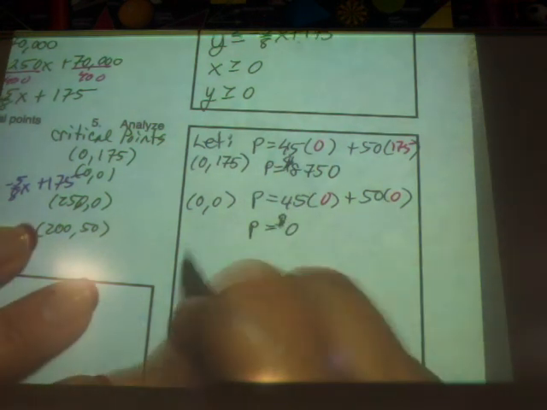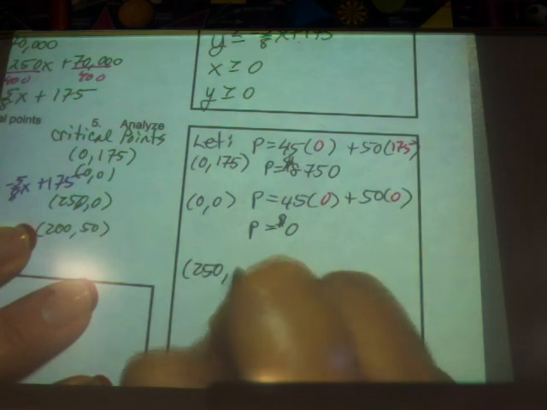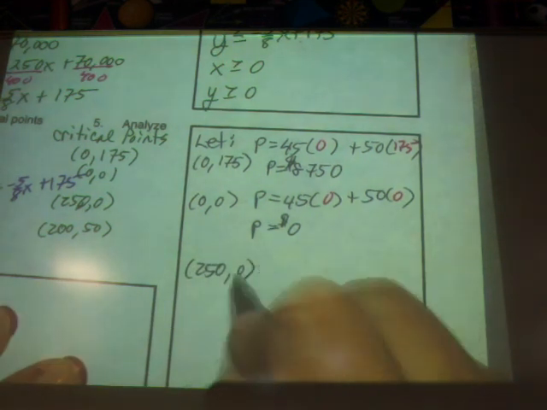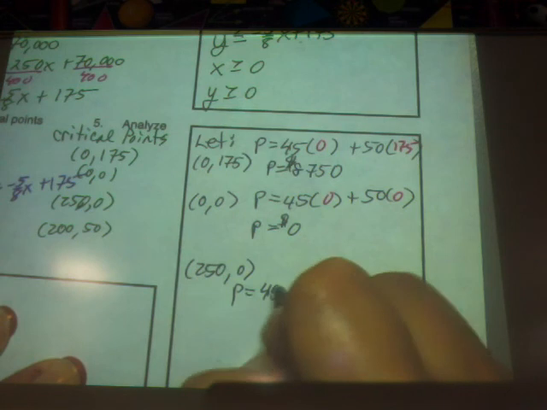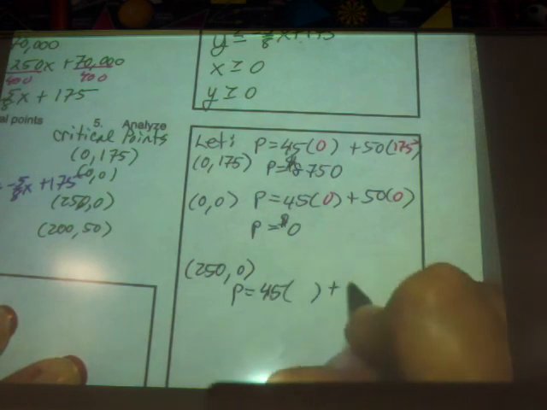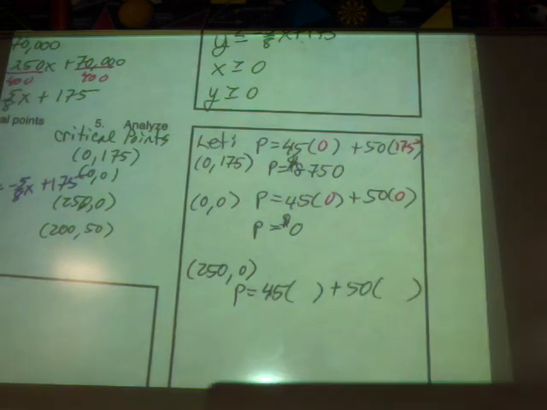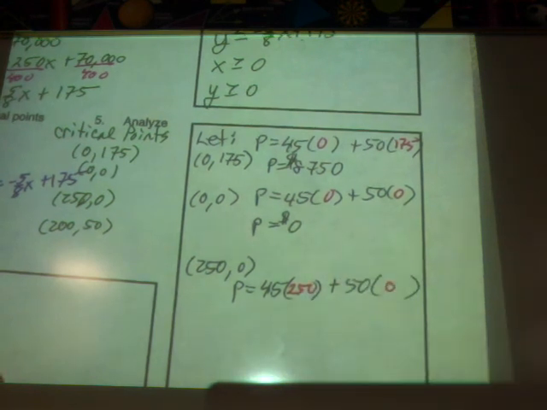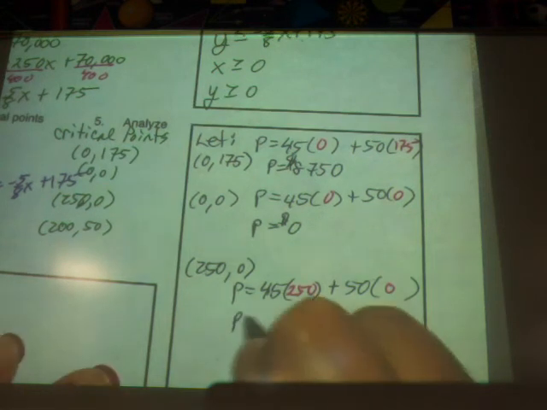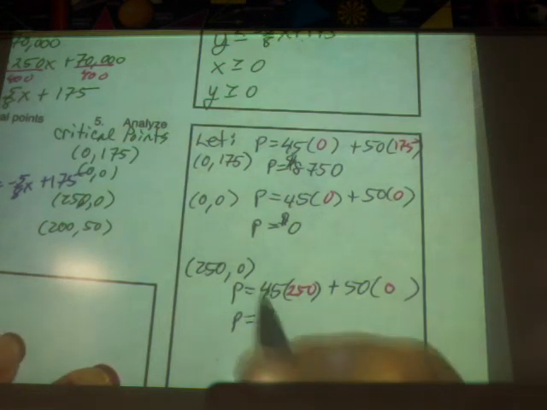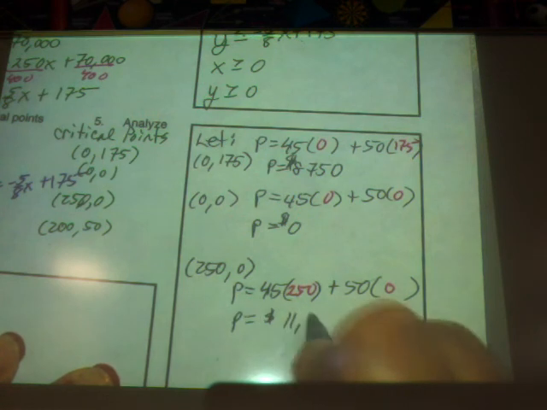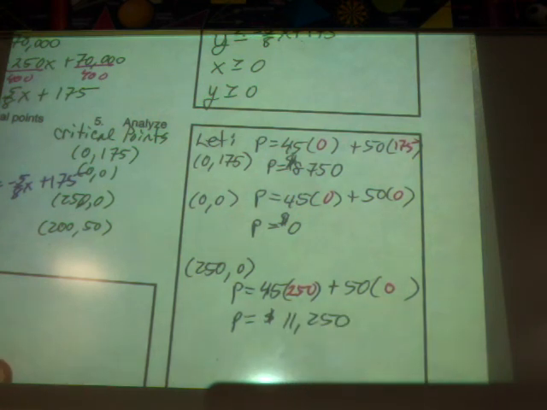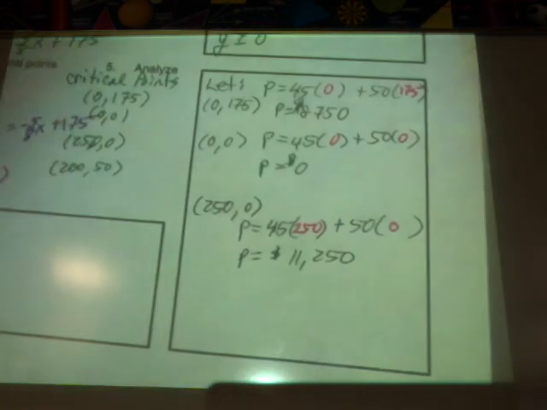So then we're going to try the 250, 0. And I get, oh, much more, right? So I get a profit of $11,250. So far that's my max profit, right? We have one more to try.